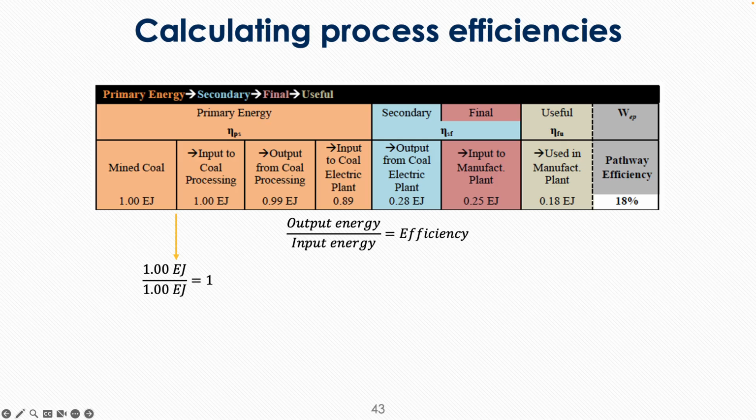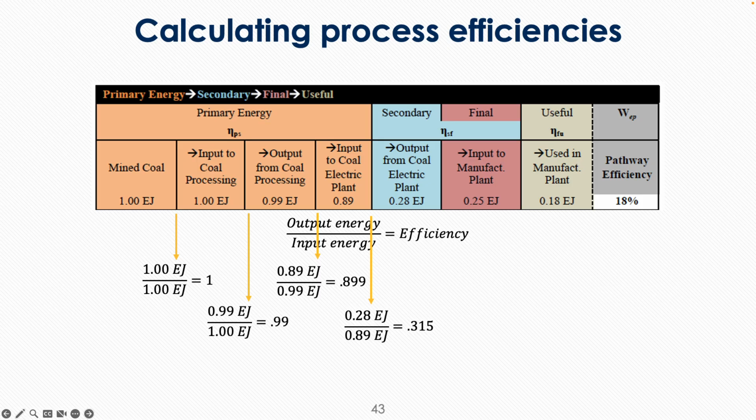So that's our input into the coal processing. Maybe you lose a little bit of energy there, so it's 99% efficient. And as that coal gets input into the plant, maybe you have a little bit of losses there, but again, it's like 90% efficient.